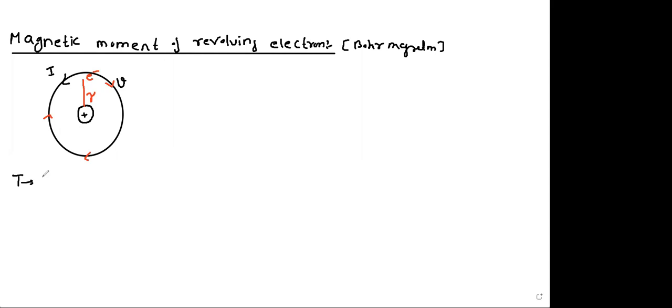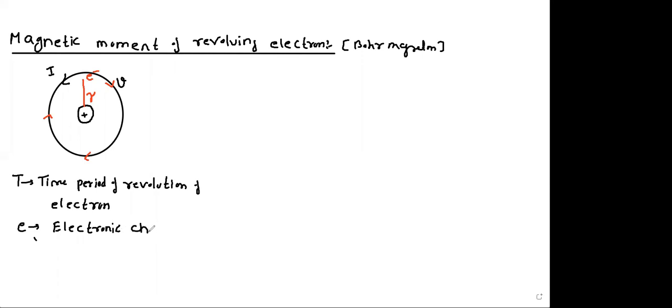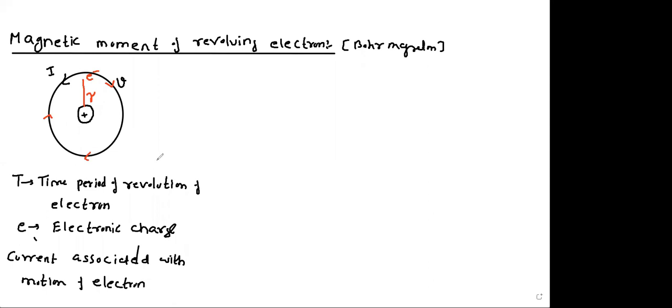So if T is the time period of revolution of the electron, and e is the electronic charge, then the current associated with the motion of the electron.